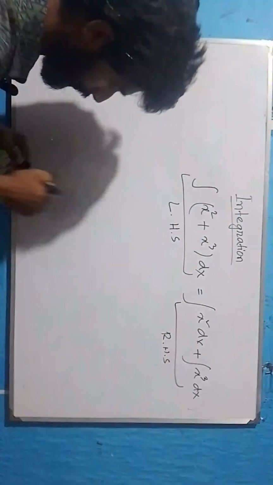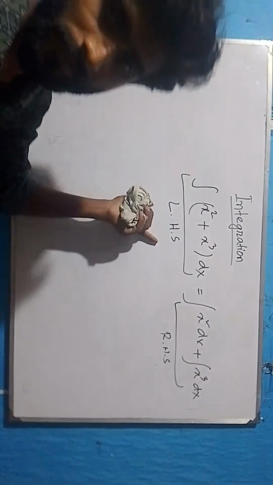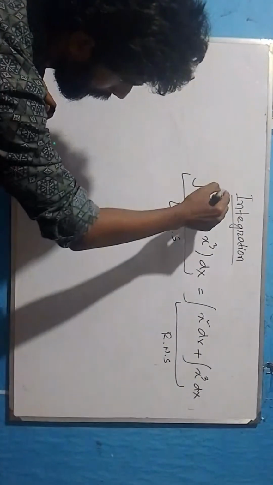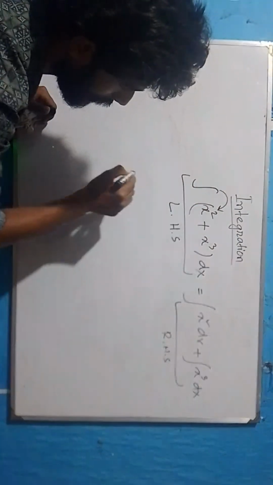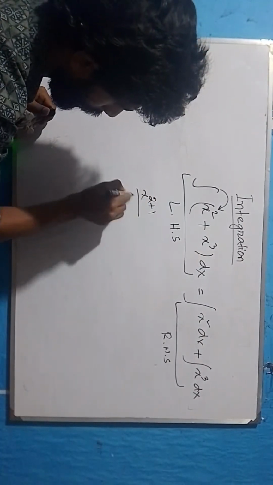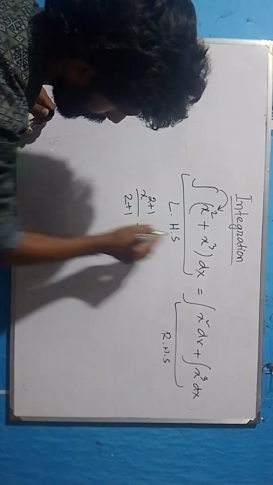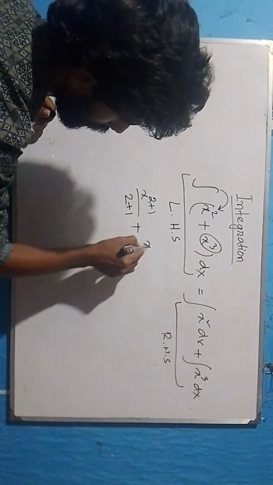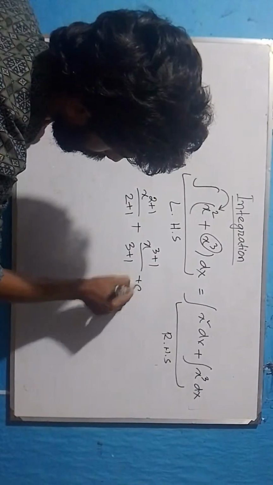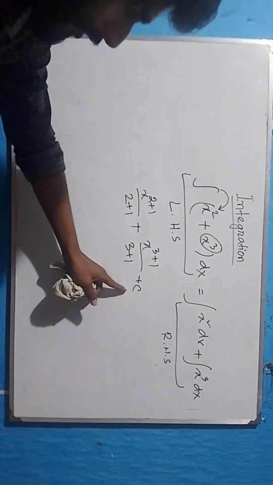So first I will solve the left hand side. Integration of this is x to the power 2 plus 1 over 2 plus 1. For x cube, it's x to the power 3 plus 1 by 3 plus 1, and constant is c.